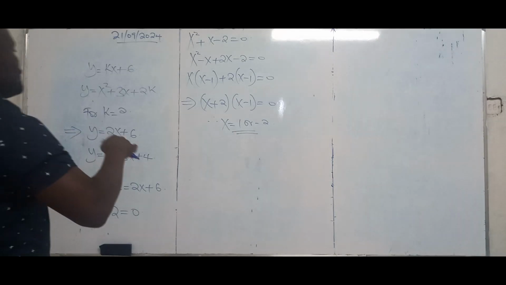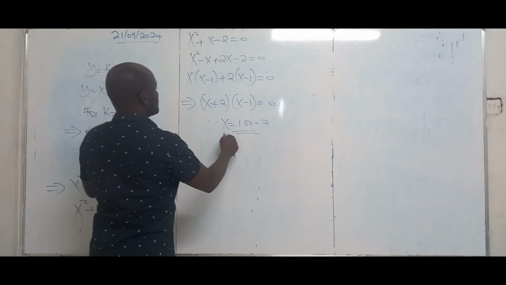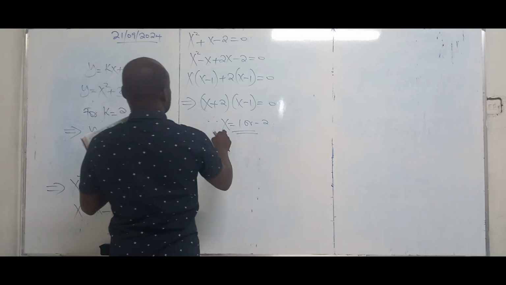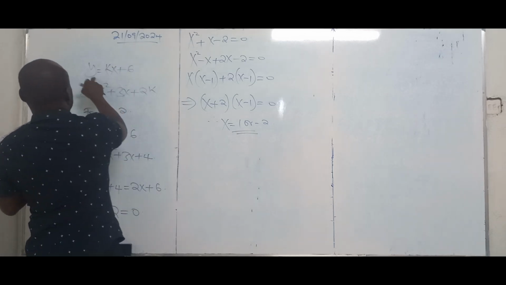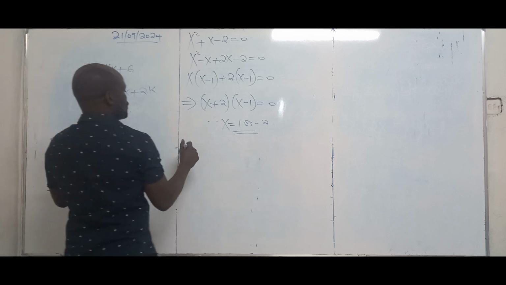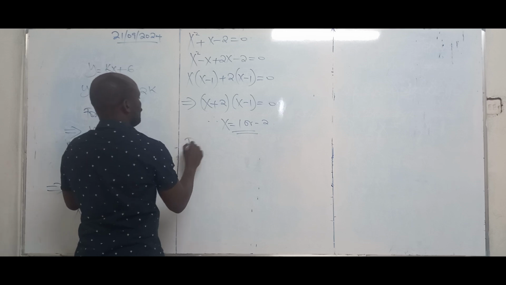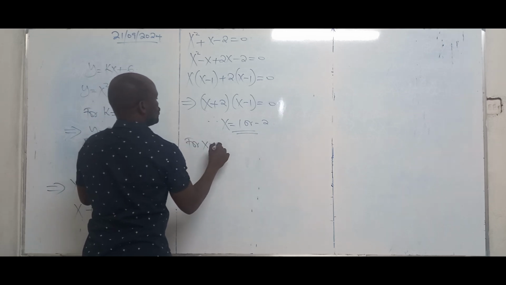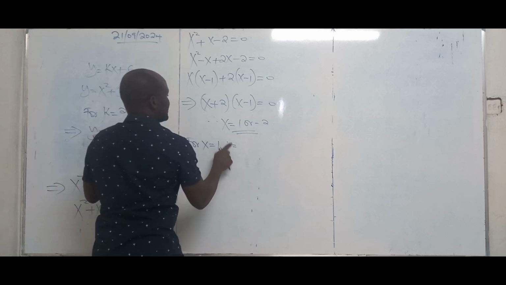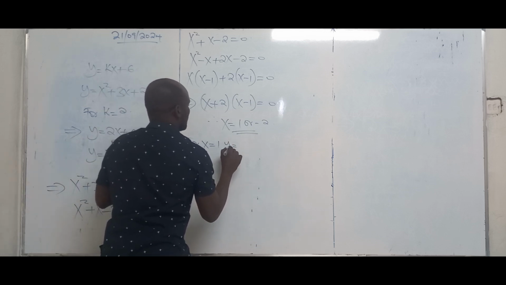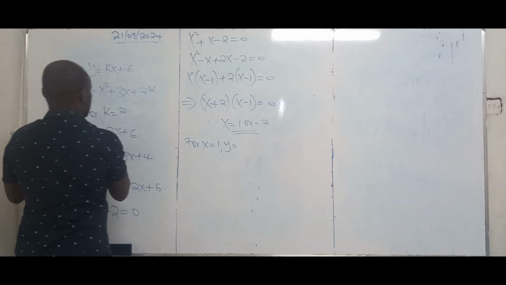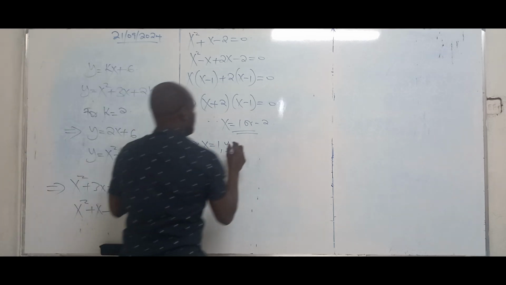Now, to find the points of intersection, now that I have x is 1 or negative 2, I substitute these values in either equation, but I pick the first one. For x is equal to 1, y will be 8.